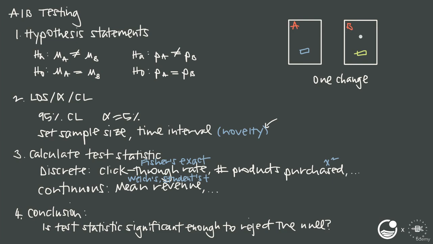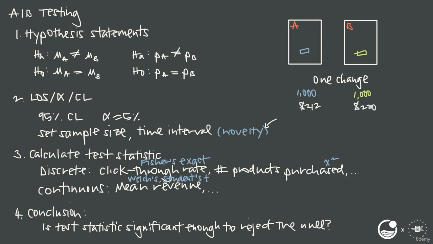So to take a super simple example, let's say we show variation A of our web page to 1,000 customers. So 1,000 customers see the blue button, and let's say 1,000 customers see the green button, variation B. And let's say that mean revenue per customer on the blue button page is $212, and mean revenue per customer on the green button page is, let's say, $220.